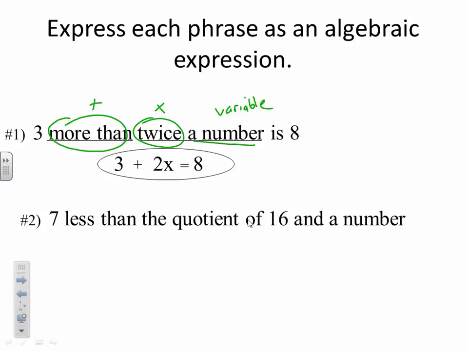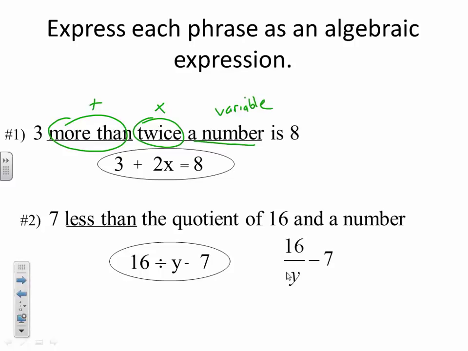The something says quotient of 16 and a number. Quotient means to divide. So I'm going to divide 16 by something. The less than part, I'm going to subtract 7 at the end. The quotient part, I'm going to divide 16 by something. 16 divided by y, minus 7. Why? Because 7 is less than whatever 16 divided by y is.